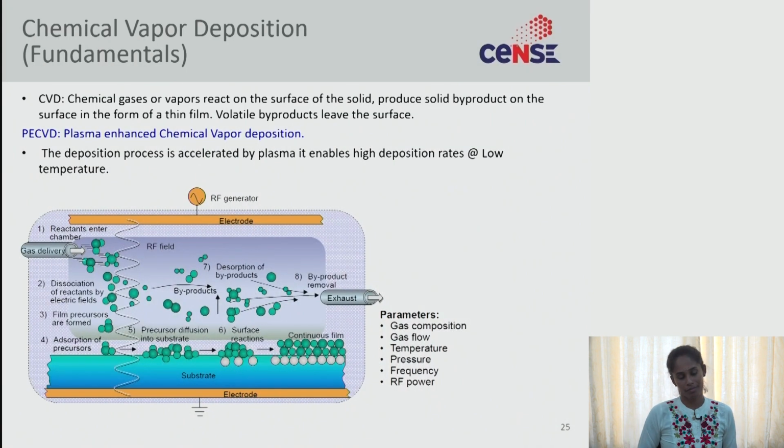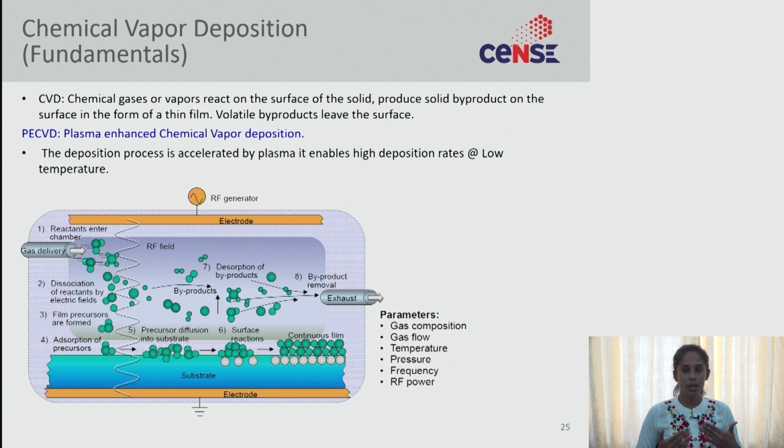First of all, what do you mean by chemical vapor deposition? CVD is nothing but chemical gases or vapors reacting on the surface of a solid and producing a solid byproduct on the surface in the form of a thin film. The volatile byproducts will leave from the surface.